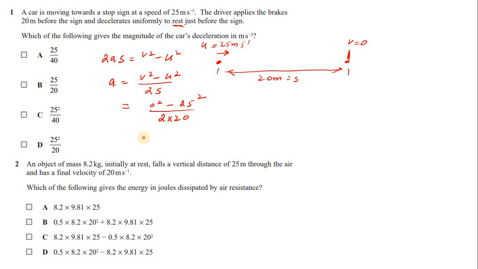You don't need to simplify because they are not giving you a simplified form, they are giving you an expression. So if you just ignore 0, you have minus 25 square over 40. Of course, because you need to find magnitude, there is nothing to do with the direction, so you can ignore this negative sign. So that means your option is C.